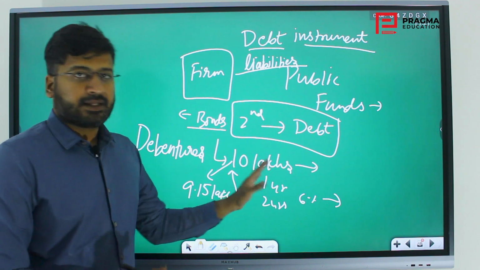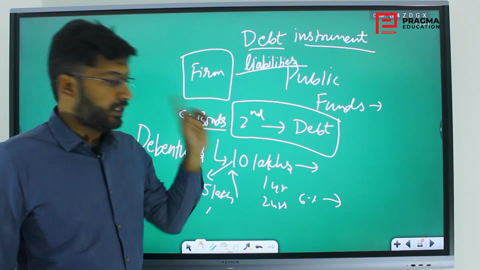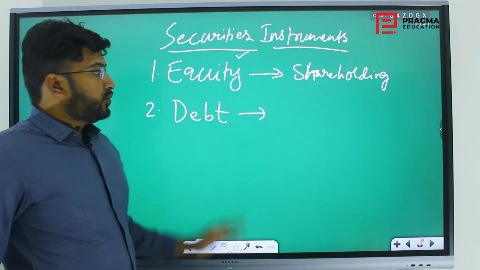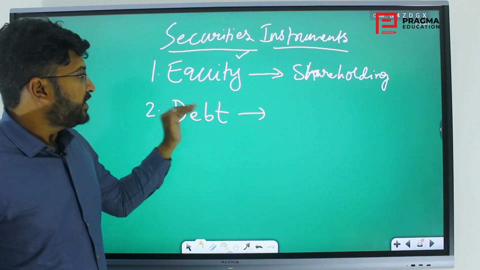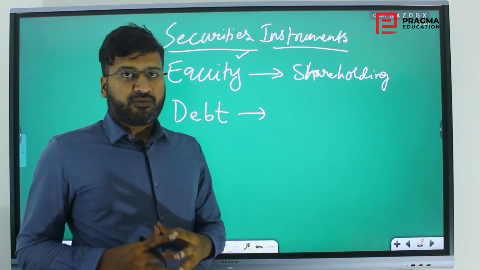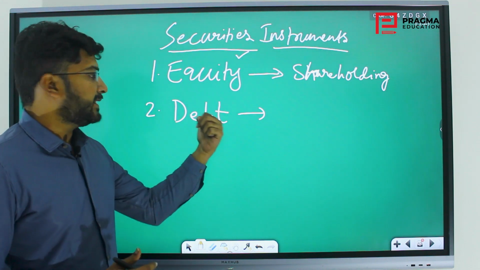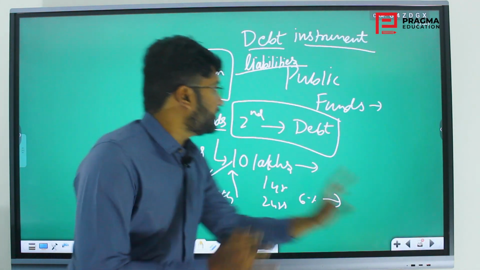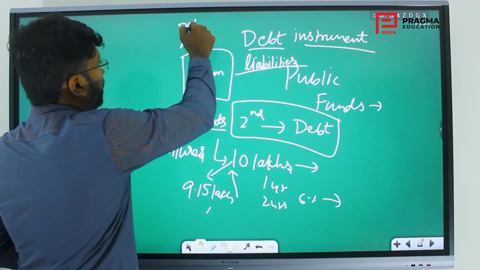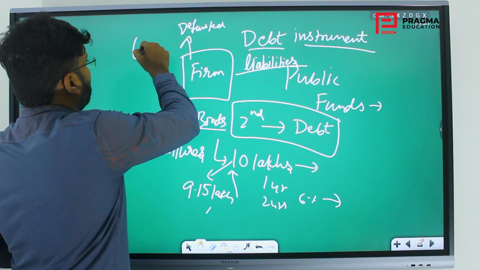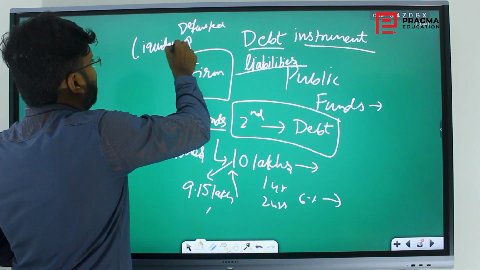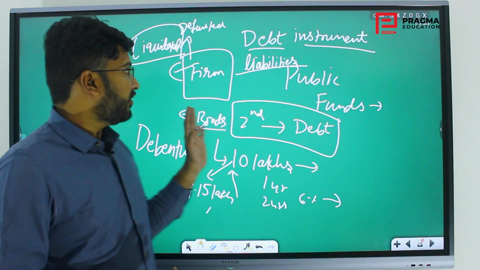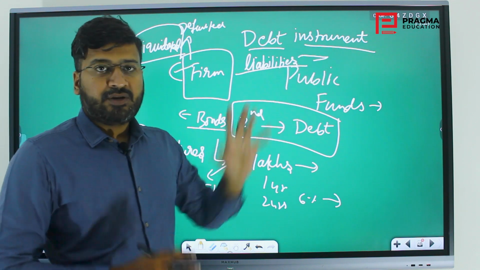If I raise money like that in the direct form of debt as a liability, that is the second instrument, debt. Among these two, the more crucial and more technical one is debt, for the simple reason that if tomorrow my firm defaults on any amount, or is not able to run its business, it will be liquidated, meaning all the assets of the firm will be converted into cash, and whoever has liabilities will be paid.